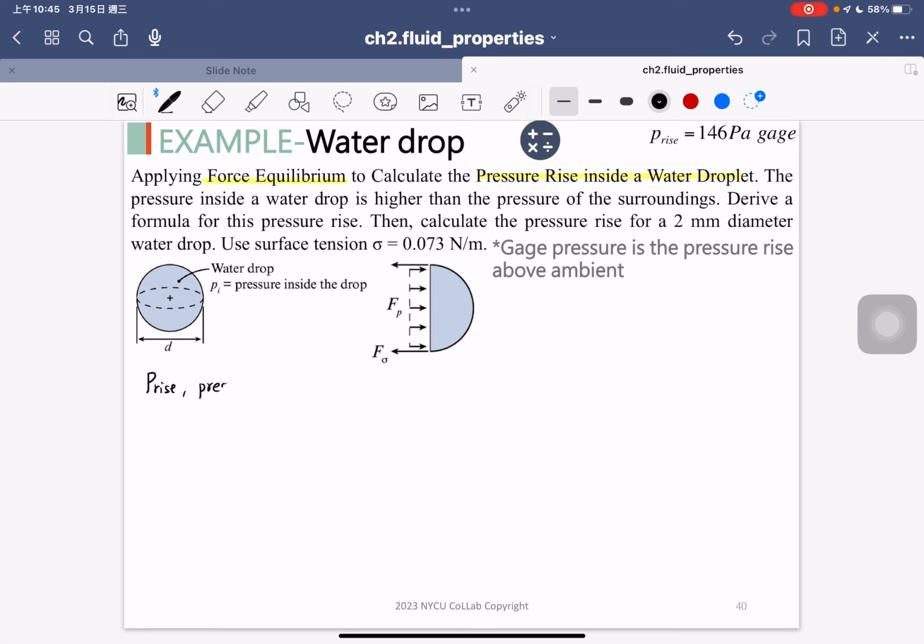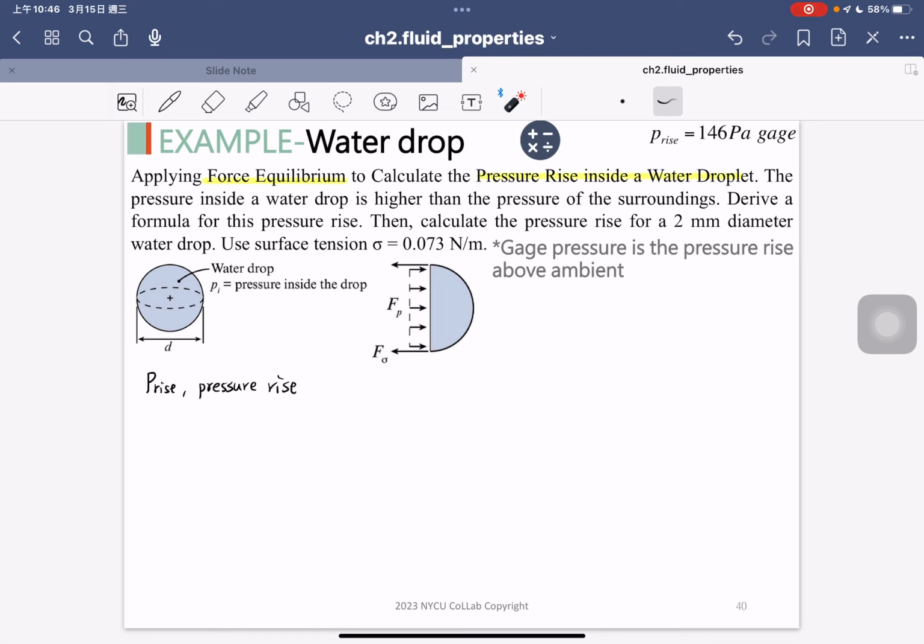We don't know the pressure rise in our question. The sentence says the pressure inside the water drop is higher than the pressure of the surrounding. If not, you cannot see the bubble. So the inside pressure should be higher than the environment to become the bubble shape. So please derive the formula for this pressure rise.